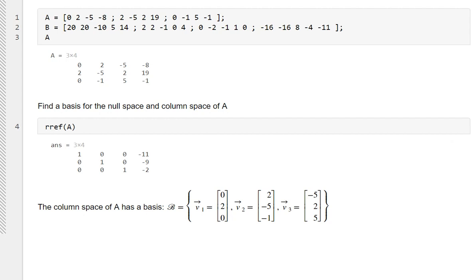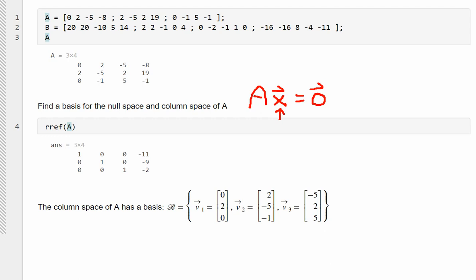What about the null space? Well, we're still going to use the reduced row echelon form, but now remember the null space is all possible solutions to the matrix equation A times the vector x equals the zero vector. So the null space is any vector x such that when I multiply it by A, I get the zero vector.